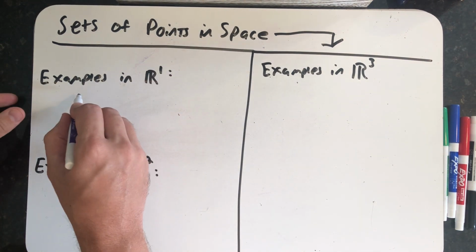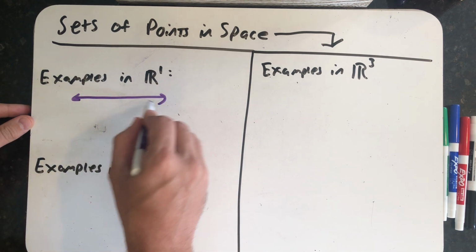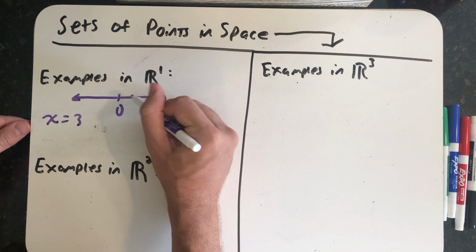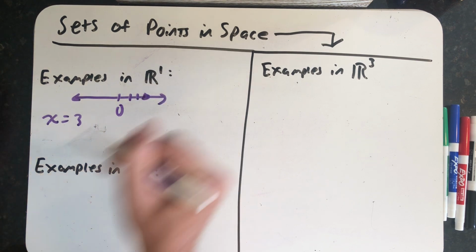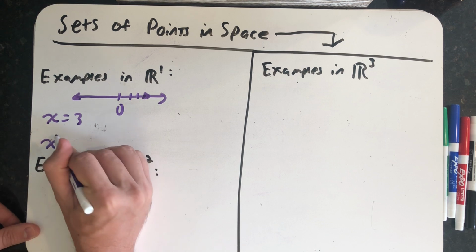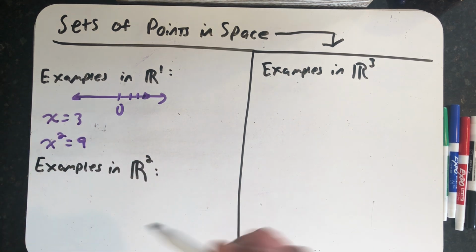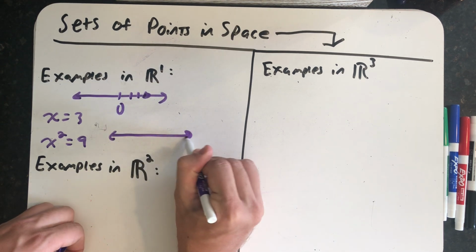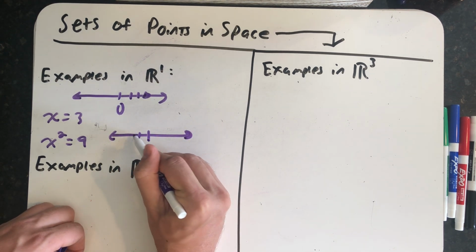So let's say I have a number line, and I want to talk about all the points where x is equal to 3. Well, that's going to be very boring. It's just that point right there. And so maybe we expand our ideas here, and I say I want to find all the spots where x squared is equal to 9. And well, at least that's a little more interesting.